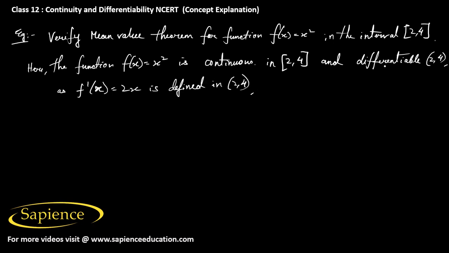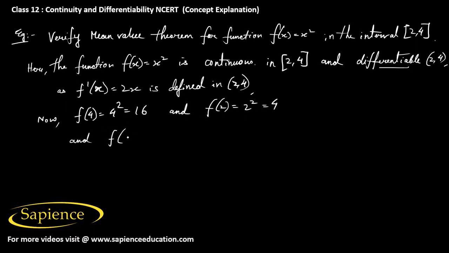So its derivative exists, and it is differentiable also. Now f of 4 is equal to 4 square, which is 16, and f of 2 is equal to 2 square, which is 4. Therefore f of 4 minus f of 2 by 4 minus 2 is equal to 16 minus 4 by 4 minus 2, which is 12 by 2, which is 6.